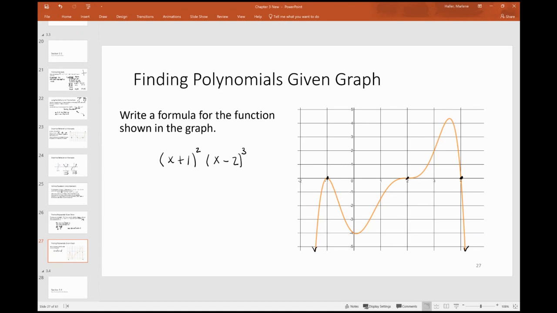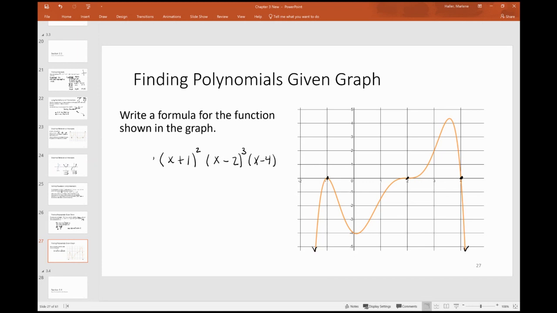And then this last zero down here at x equals 4, the graph crosses right straight over. So the factor that leads to the zero of 4 is x minus 4. And that's just going to have a multiplicity of 1, because that resembles the linear function, crossing right straight over.